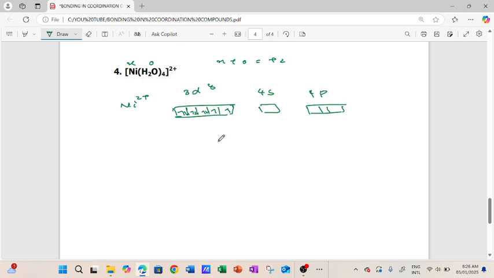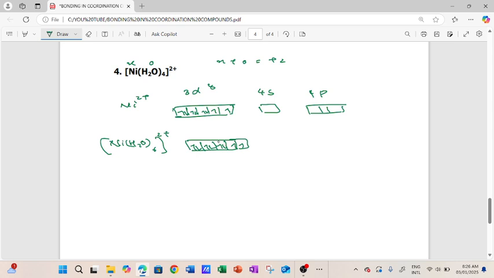Now in the second step, when the ligand water approaches the nickel, we have to check the strength of the ligand. Water is a weak ligand, so there is no change from the first step. Same as the first step, 1, 2, 3, 4, 5, 6, 7, 8. No change in 4s and 4p.